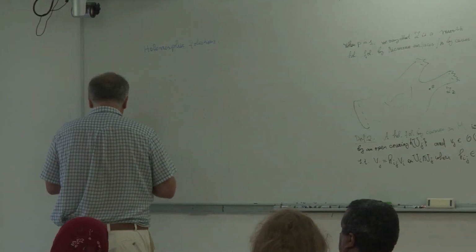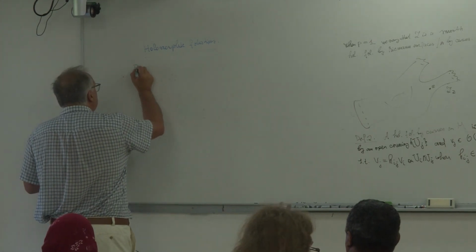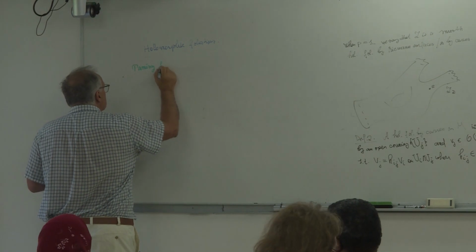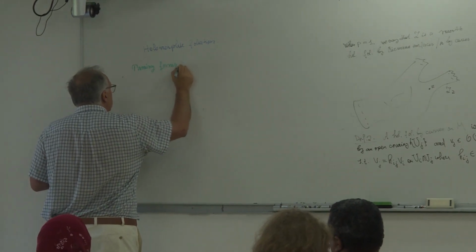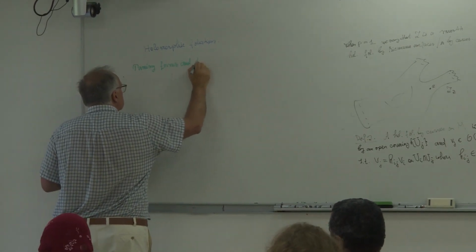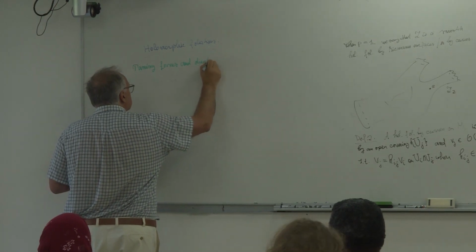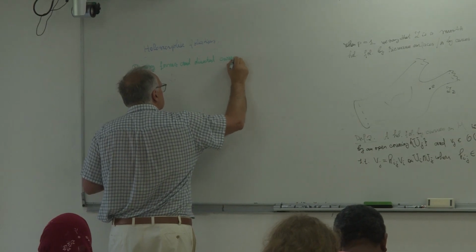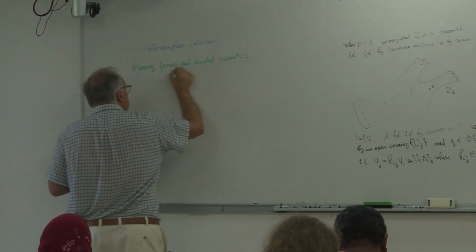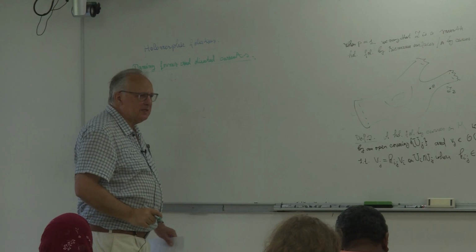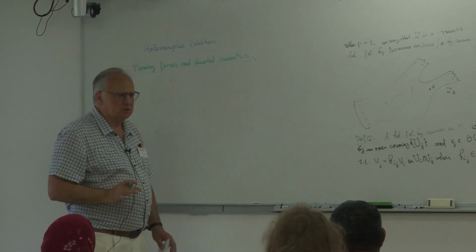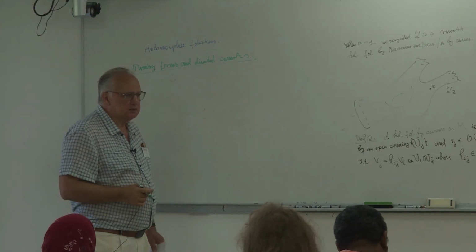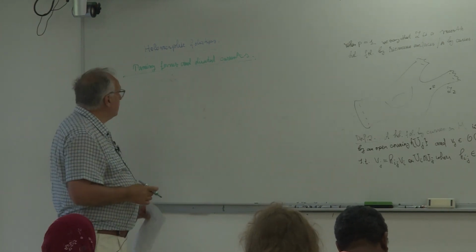So the next topic is taming forms and directed currents. Well, what a directed current is we already know. It's a foliated current. In the complex case, it's the same. Okay. Now, taming form.